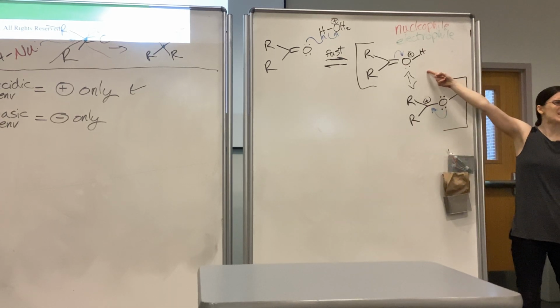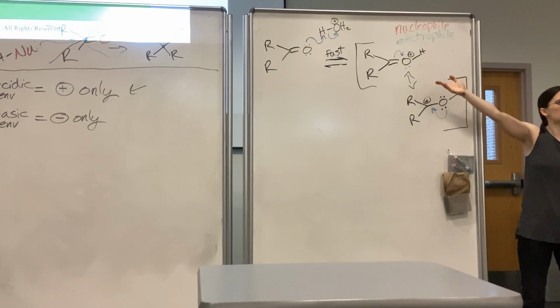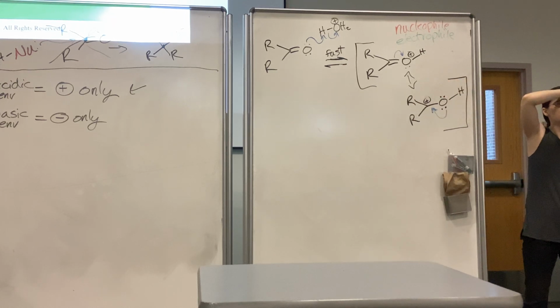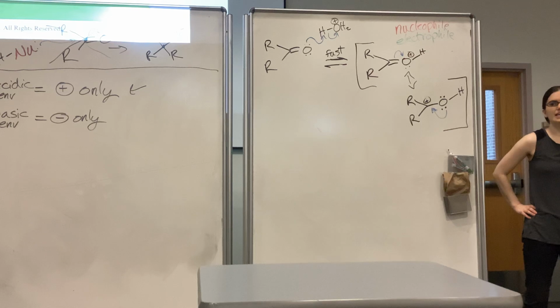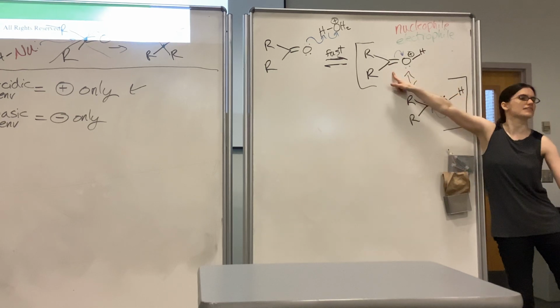That one, of course, because we've got a positive charge on an oxygen, and you may have heard when we have charges, oxygen likes to have a negative charge, and it doesn't really like to have a positive charge, because it's more electronegative than carbon.